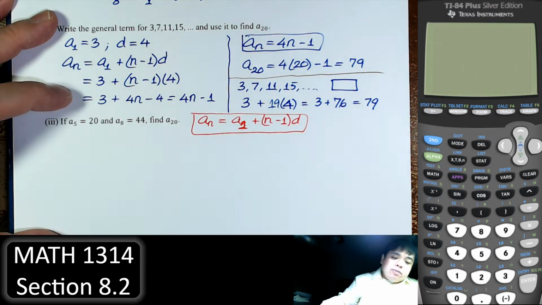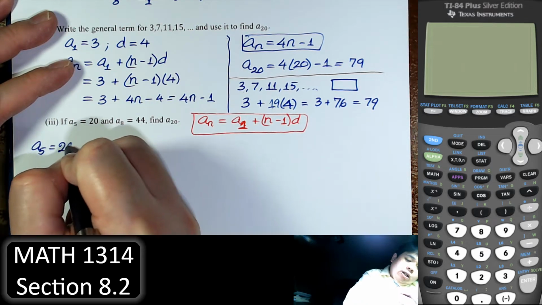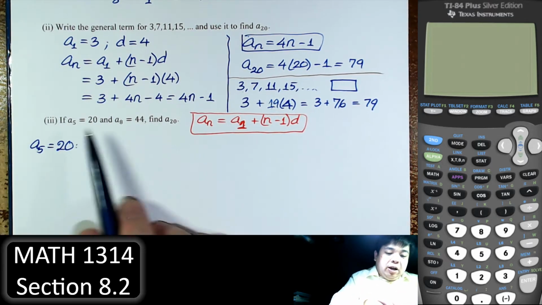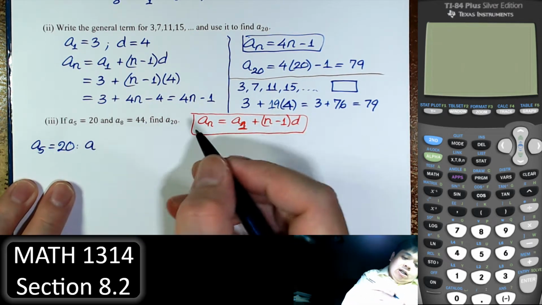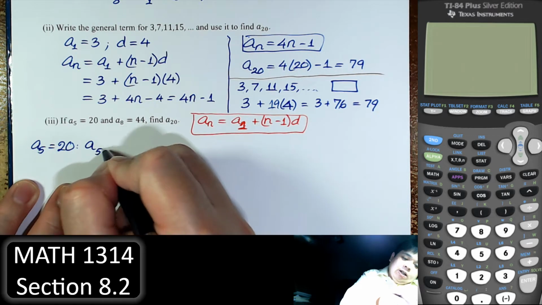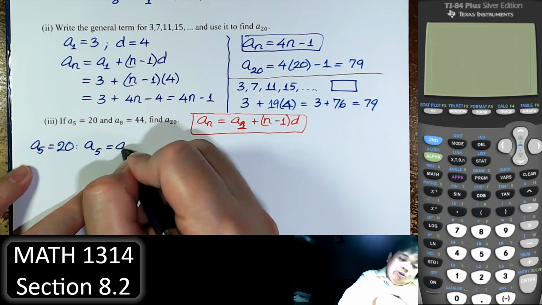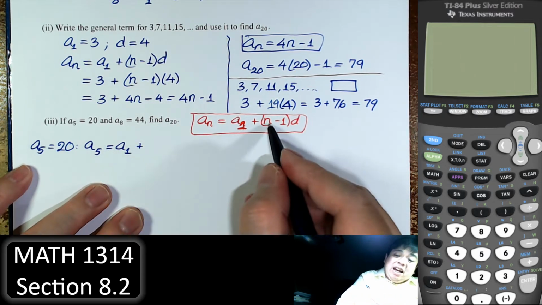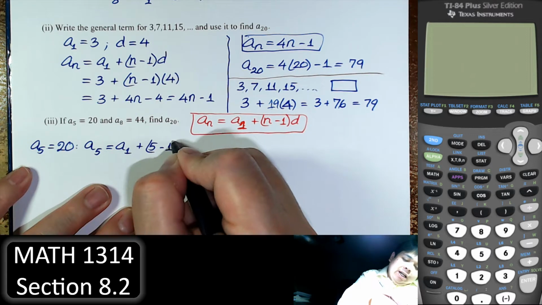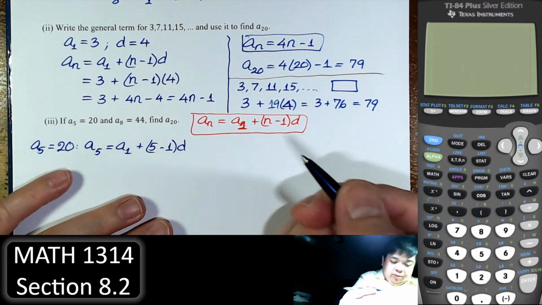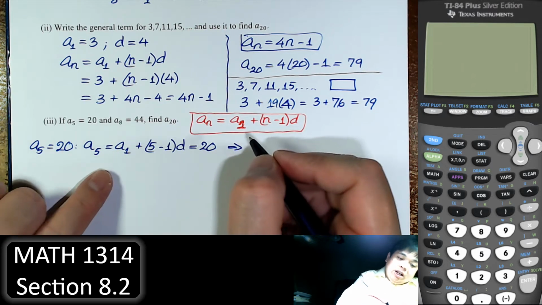Now, for a sub 5 is equal to 20. So we'll put 5 in for n. So a of 5 equal to a1, which we don't know, and n we do know is 5, and common difference we don't know, and that equal to 20. So that gives us what?